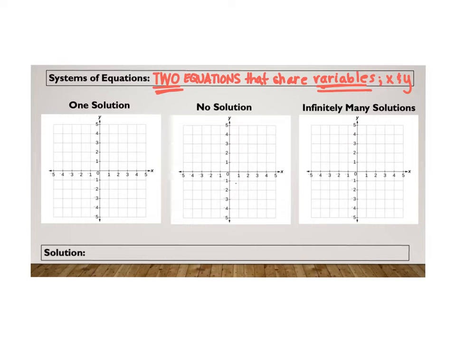Second thing is a solution. When we're talking about a solution, we're talking about the point. Go ahead and write that down: the point where two lines cross.